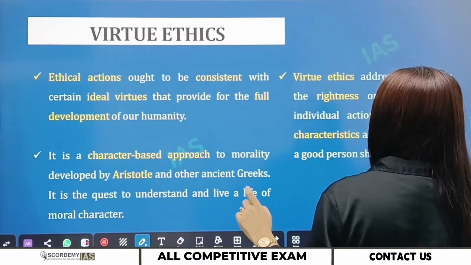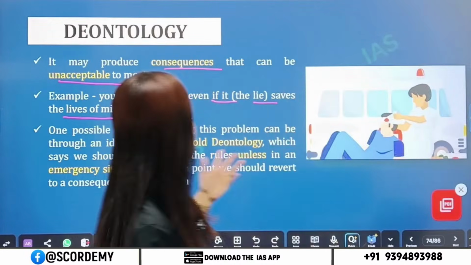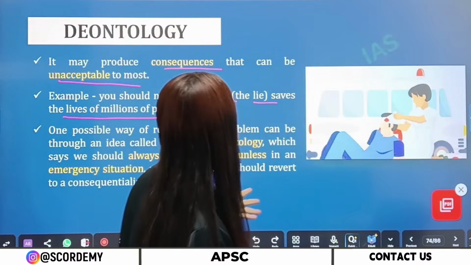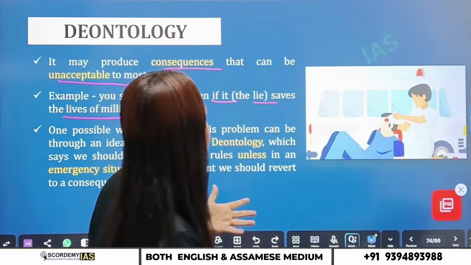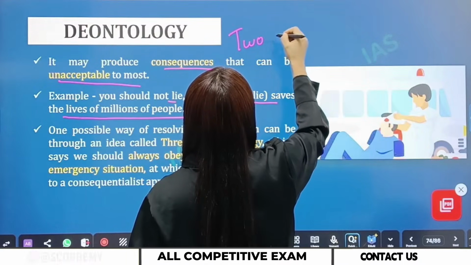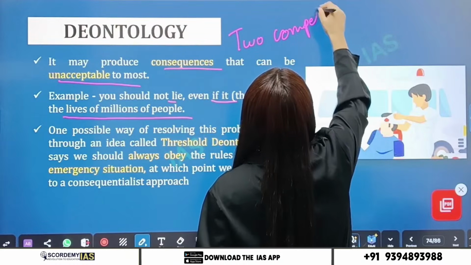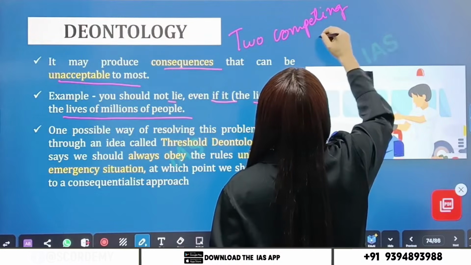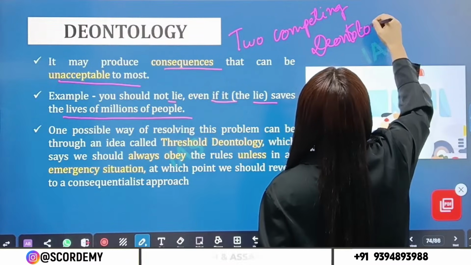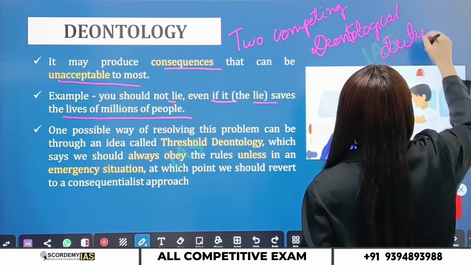Before going into that, another limitation, it's not included in the slide, is when two competing deontological duties arise.